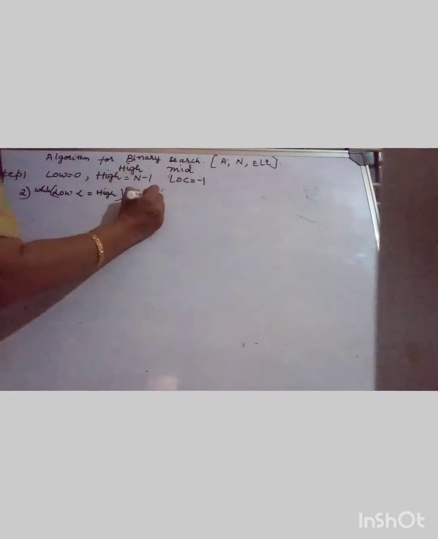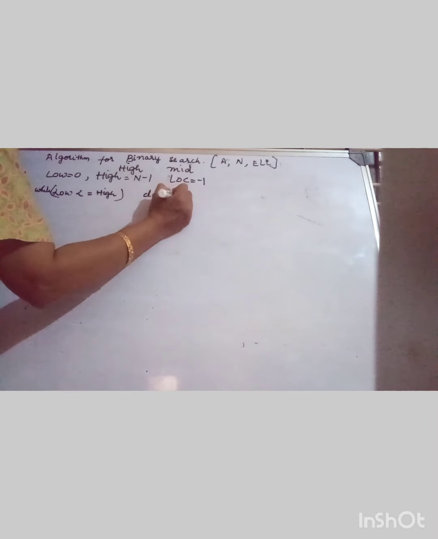We are not considering the elements, only the positions: 0 is less than or equal to n-1. That's all the meaning is. While low is less than or equal to high, do the steps. Whatever the steps 3, 4 may be, you should write do the steps.